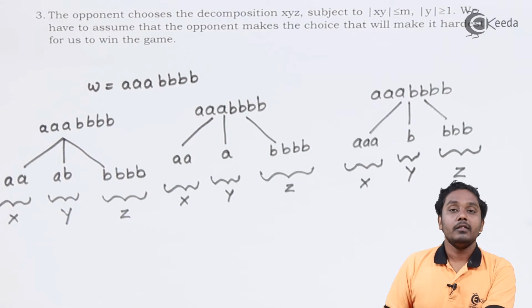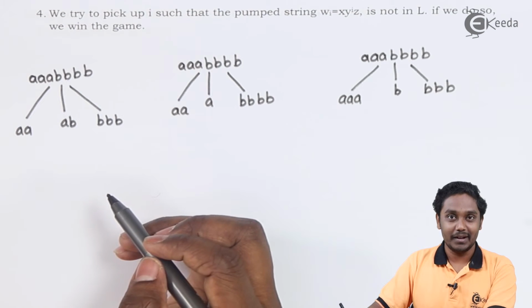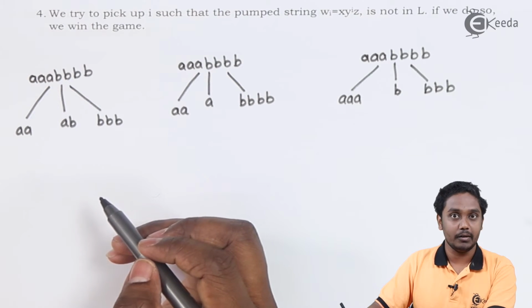Now, suppose these are the three splits. Out of them, any one is given by the opponent to the person who is supposed to prove that the language is not regular. Then we will apply the pumping algorithm on all these splittings, and find out whether there is any way in which we can pump the strings to generate strings outside the language. Now let us apply the pumping process on all these splittings.